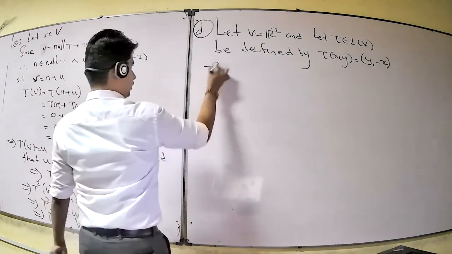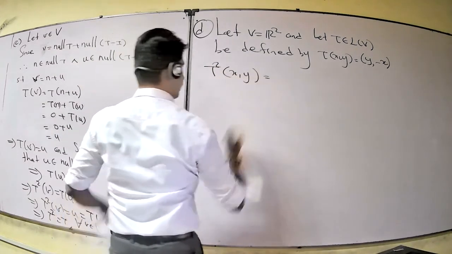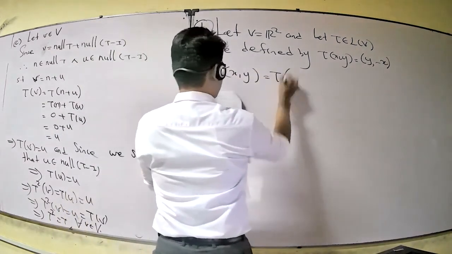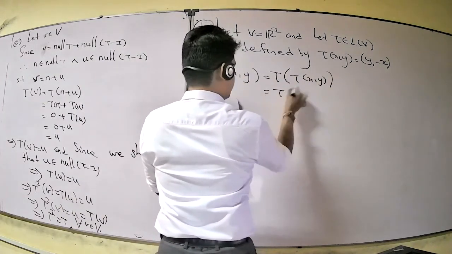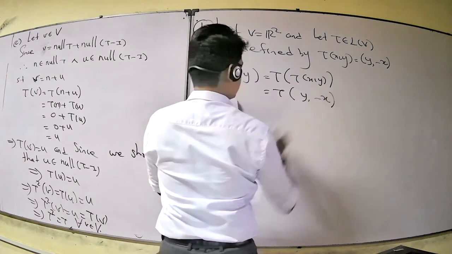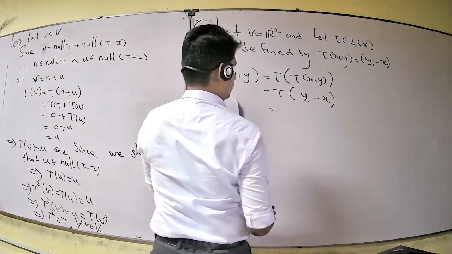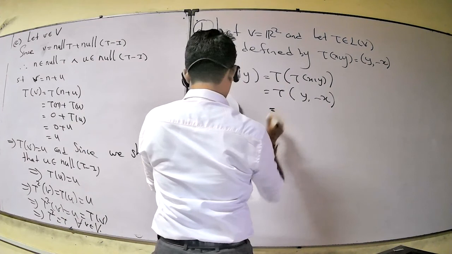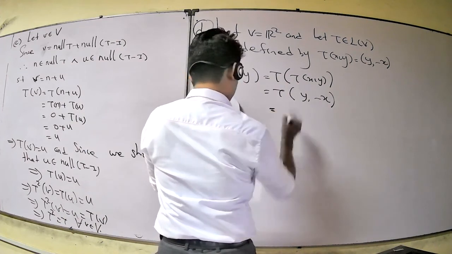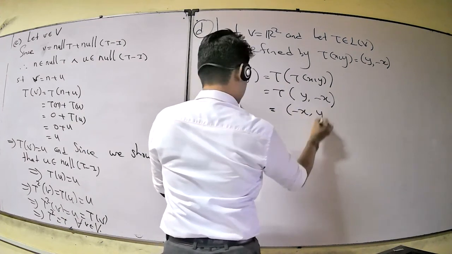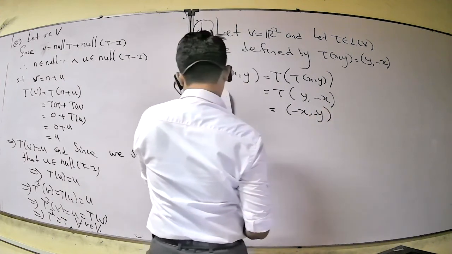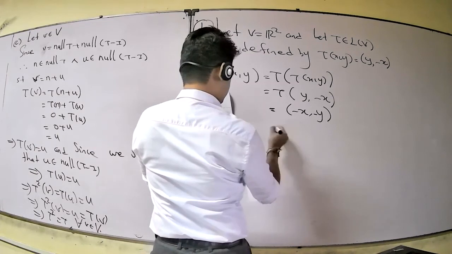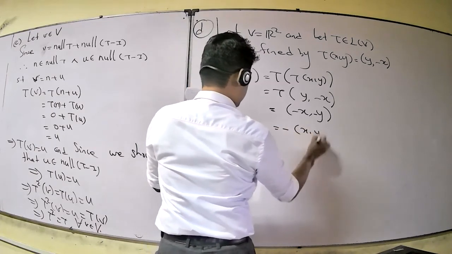T squared of x comma y equals T of y comma minus x. But T of x comma y means y comma minus x, therefore you put here minus x comma minus y. Then you can take the minus outside: minus x comma y.